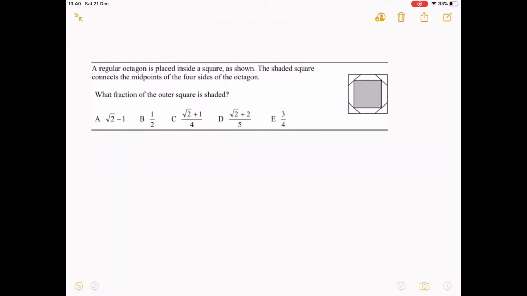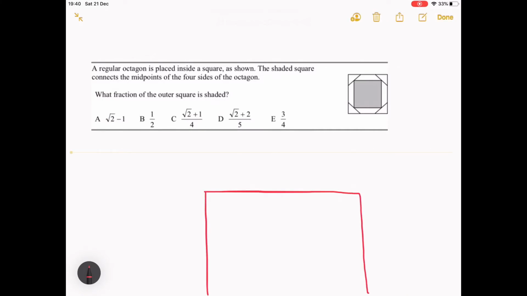So we can draw the diagram again. So we have our square here.